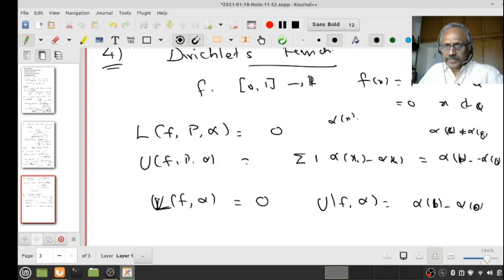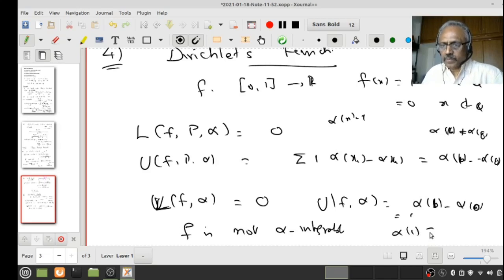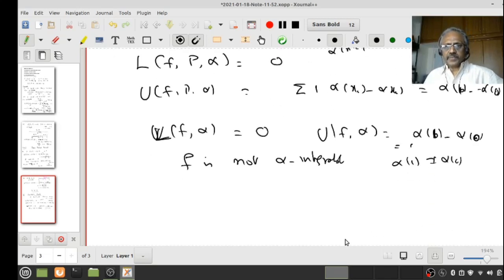In the case alpha of x equals x, this is the same as saying it equals 1. So the lower integral is always 0, the upper integral is 1, therefore the function is not Riemann integrable, provided alpha 1 is not equal to alpha 0. In particular, the standard Riemann integral of this function does not exist.